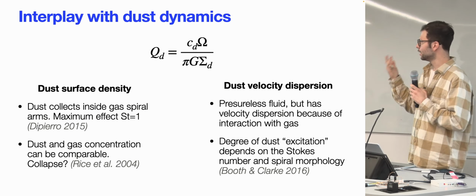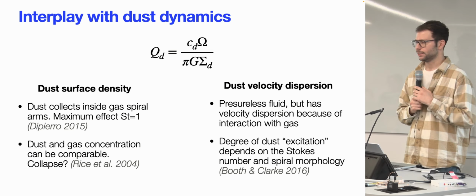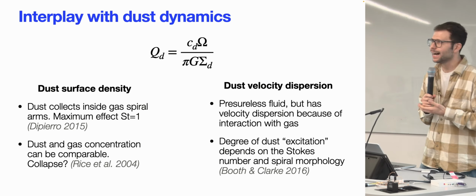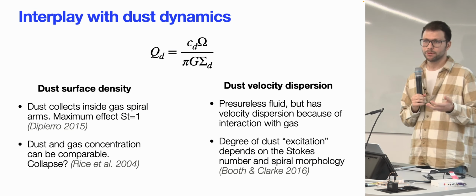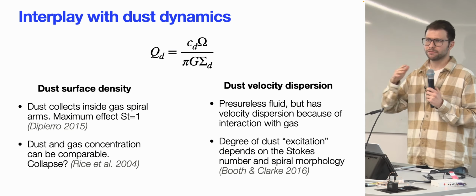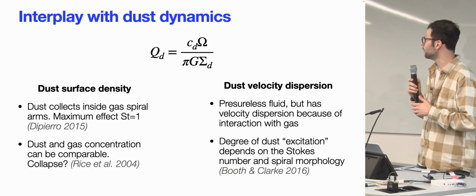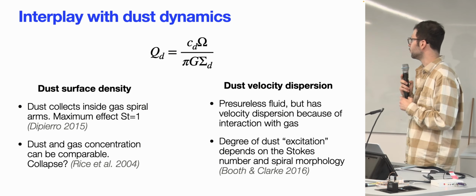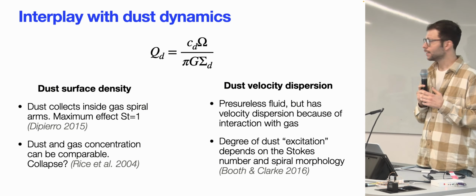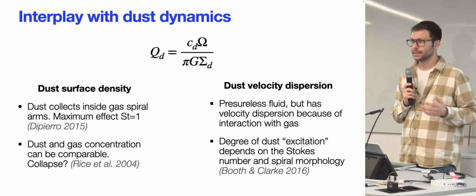I just want to give you the main message of this work. So in order to understand whether dust can be unstable to gravitational instability, it is possible to define the Toomre parameter for dust, that is like the equivalent of the one we used before, where we have c_D, that is the dust velocity dispersion, and sigma_D, that is the dust surface density.